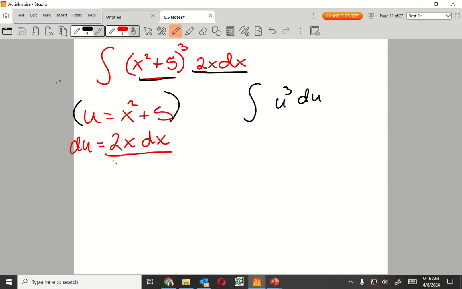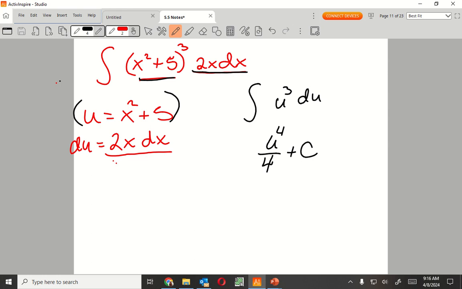So let's integrate this. This is going to give me u to the fourth power over 4 plus c. Now, is that my answer?